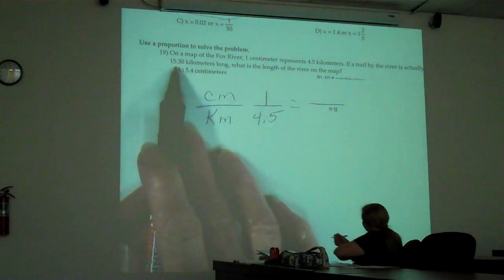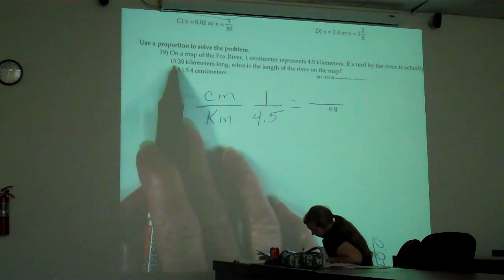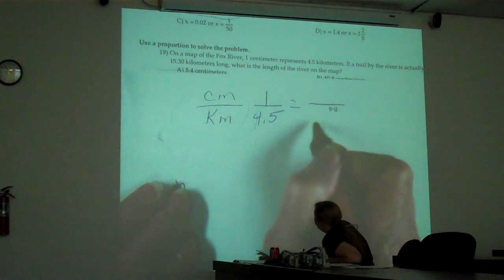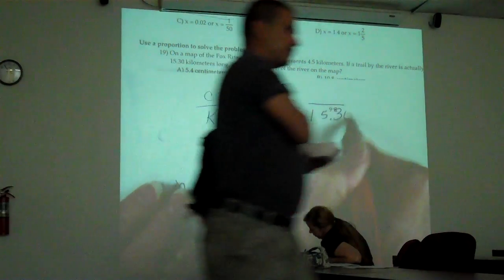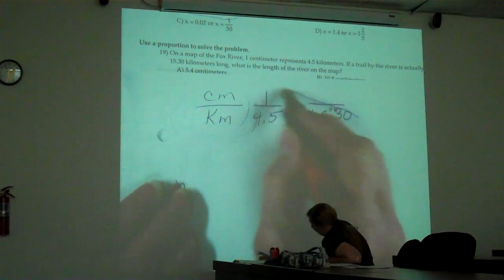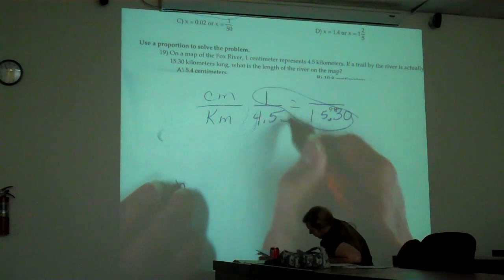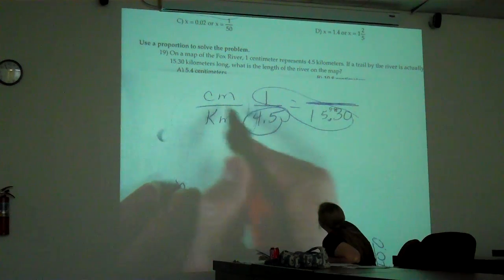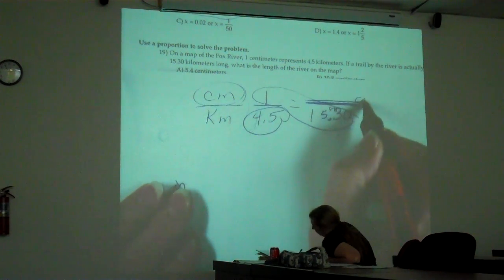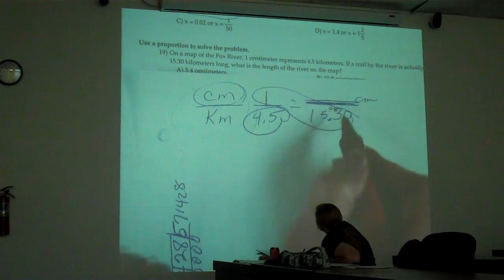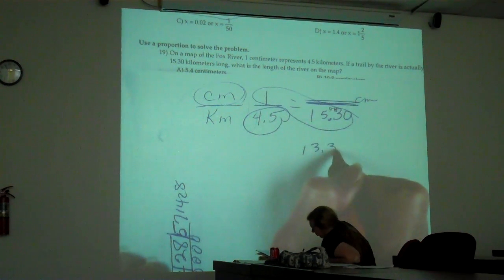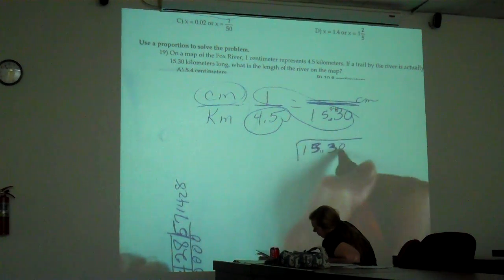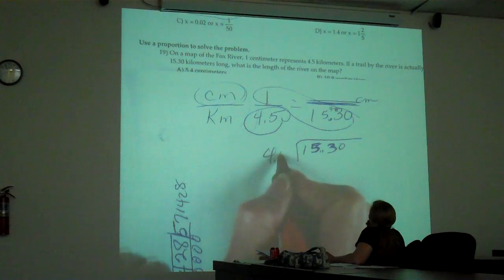What's the other number in? 15.30 kilometers. So we're going to put it on the bottom, right? That's why we do this. So you're going to multiply these and divide by this. When you get an answer, what's it going to be in? Centimeters. It'll be that many centimeters. So 15.30 times 1 is that, divided by 4.5.